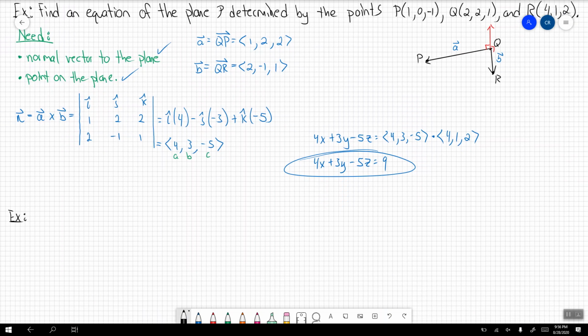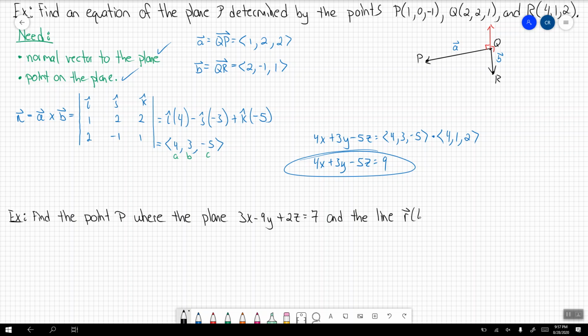Next example, I want to find the point P where the plane 3x minus 9y plus 2z is equal to 7, and the line r of t is equal to 1, 2, 1 in vector form, plus t times negative 2, 0, 1, intersect.